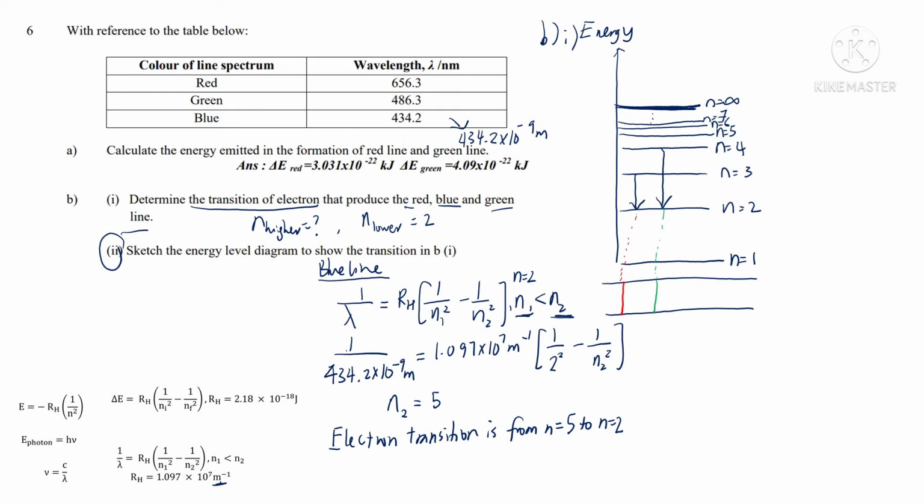To produce the blue line, the electron falls from n equals to 5 to n equals to 2, producing the blue line in the Balmer series. So this is how you use the energy level diagram to show the electron transition in 6b1.